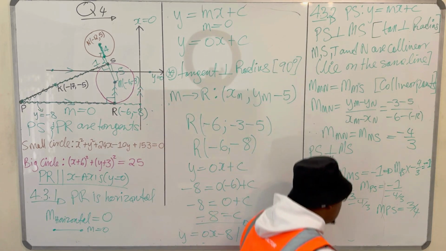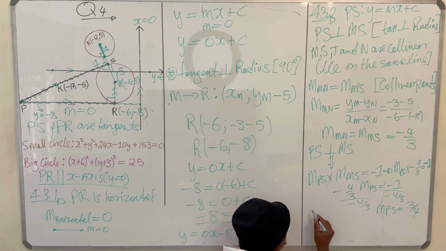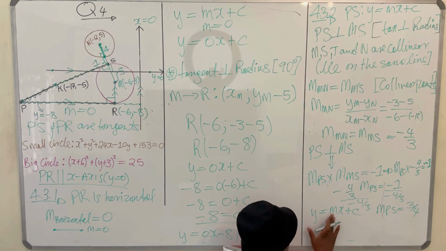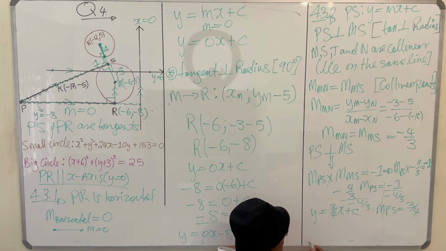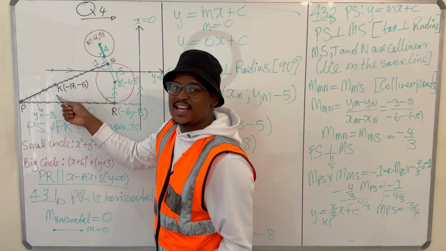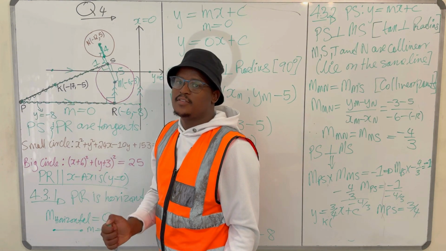Then now I want the equation of the line in the form y is equal to mx plus c. We know our m is equal to 3 over 4, right? And then we have a point K, which has the coordinates, so we have the gradient of PS and the point there, so we can find the equation of that line.